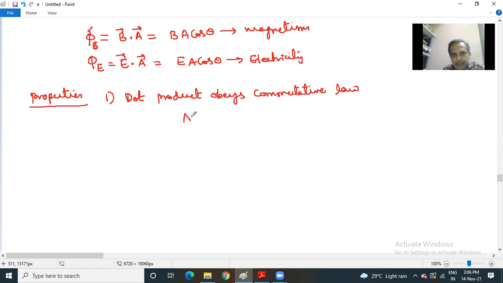It means A dot B is equal to B dot A. The second property is that it obeys the distributive law.